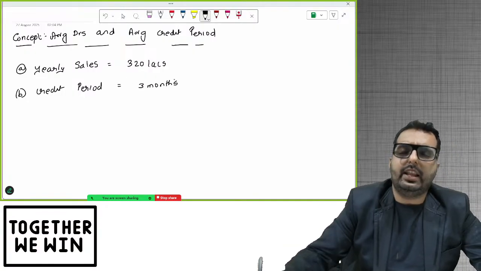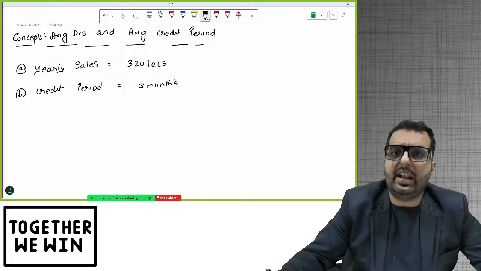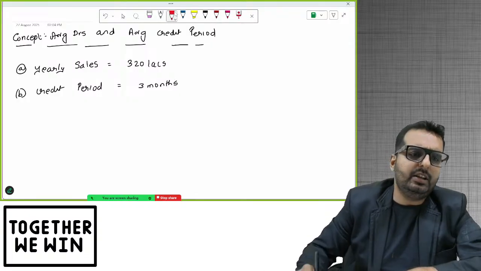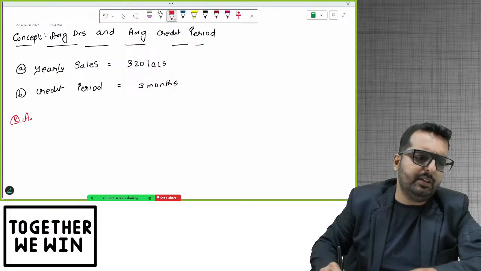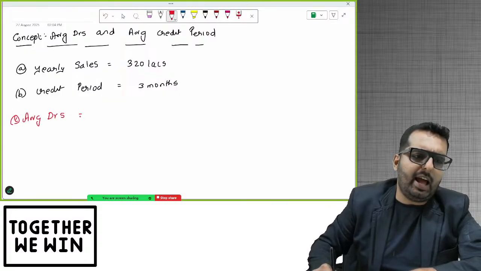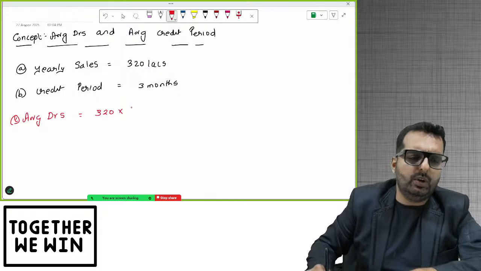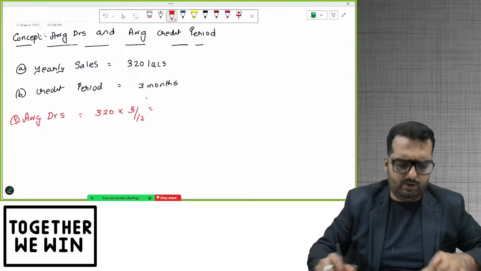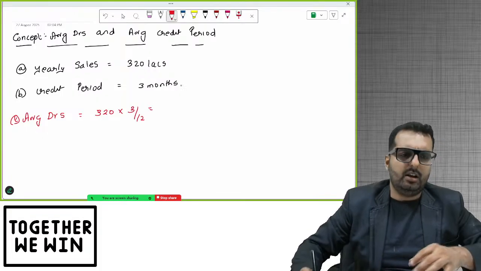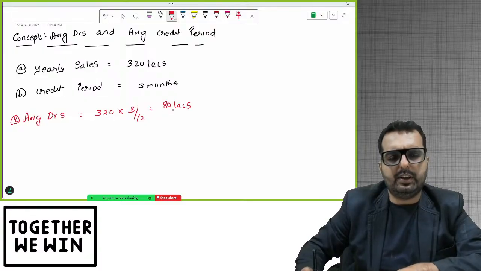So that means in 1 year I'm selling for 320 lakhs, but on an average I get my money within 3 months. So from this, can I say my average debtors is equal to 320 into 3 by 12? Do I get the answer as 80 lakhs, friends?